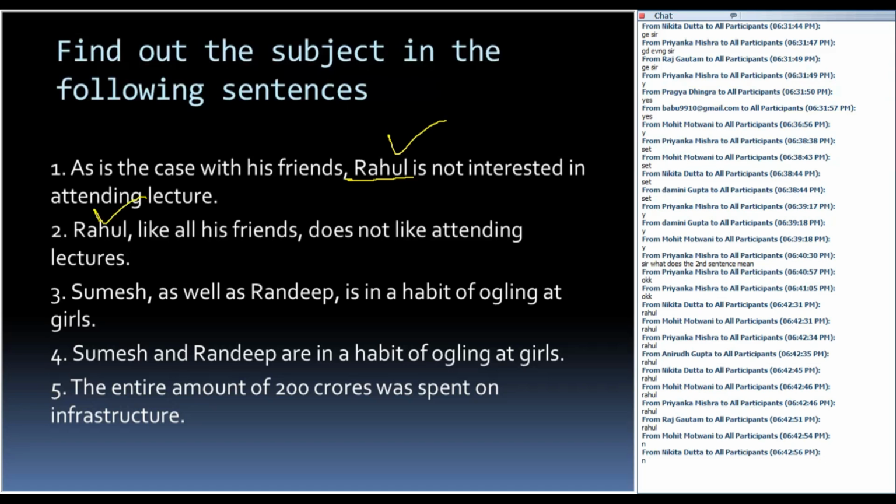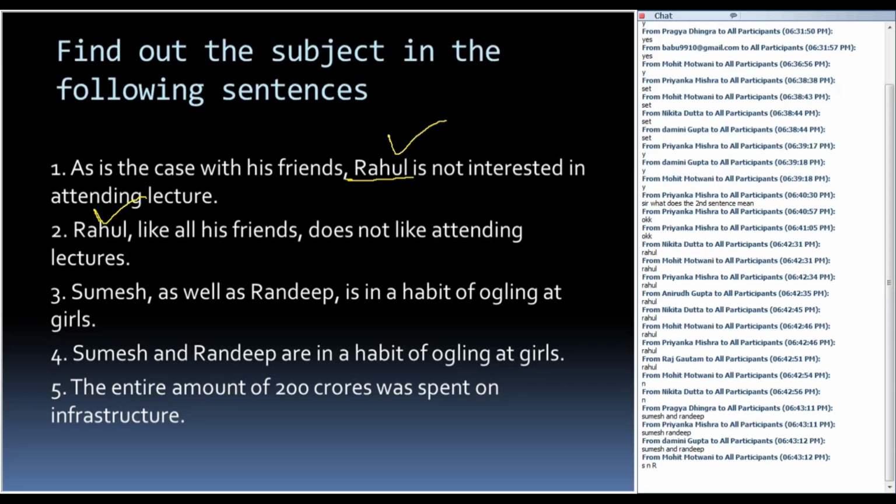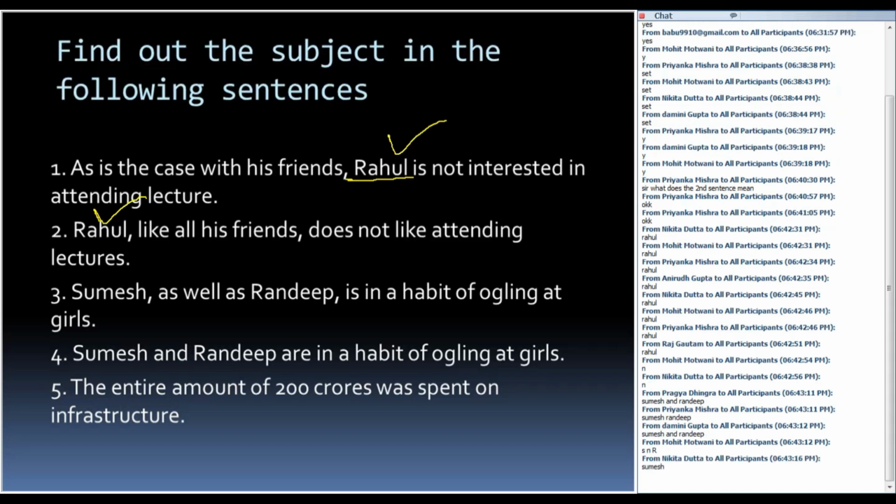Yes, very good. Absolutely. Number 3, Sumesh as well as Randeep is in a habit of ogling at girls. Now what is the subject? Everybody is saying Sumesh and Randeep. No, that's wrong. Only Sumesh.